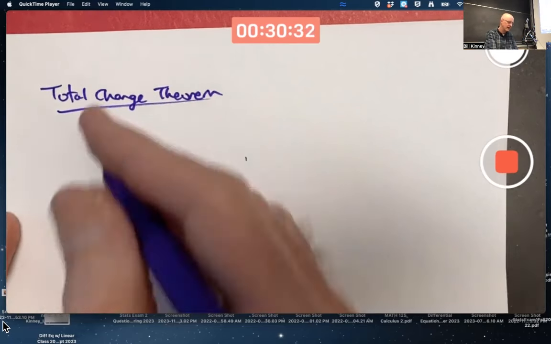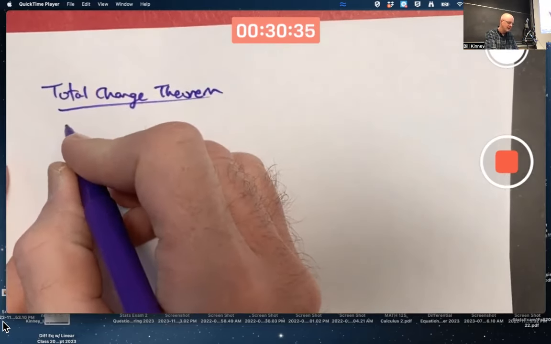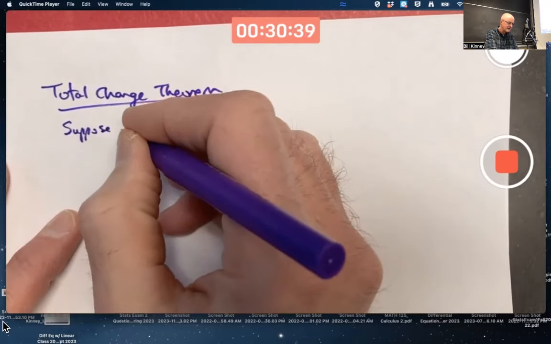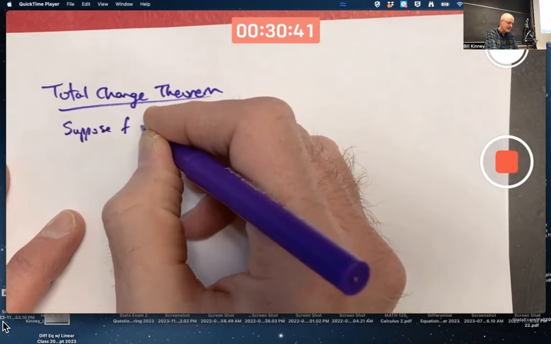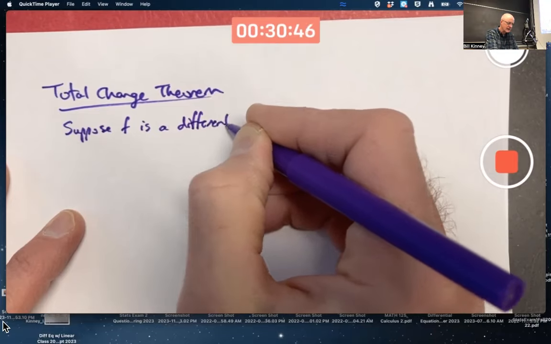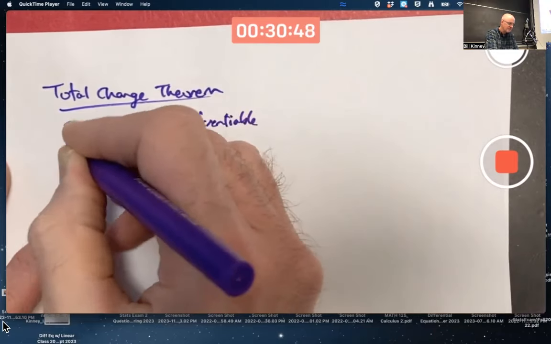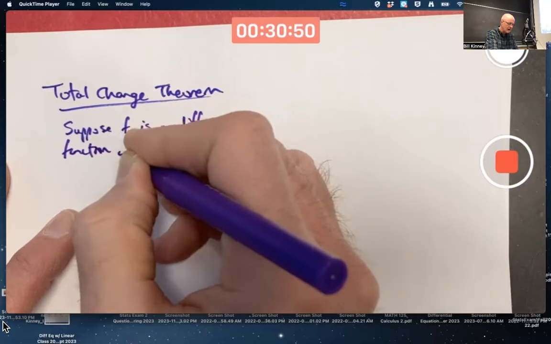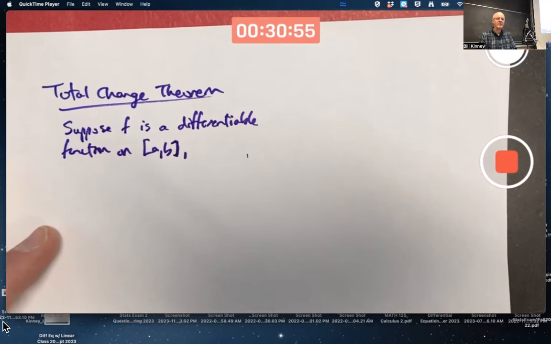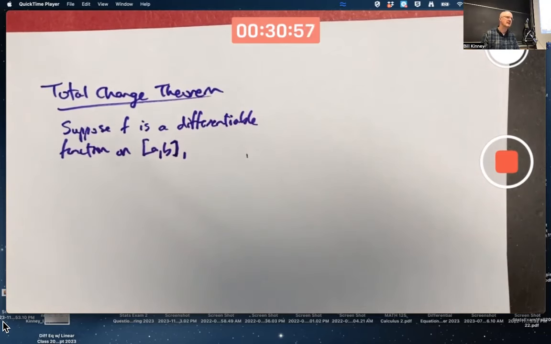I'll go ahead and write it. Suppose little f is a differentiable function on the interval from a to b. I was debating in my mind right before I wrote that whether I should use a little f or a capital F here. I could use either symbol. Decided to go with the little f.